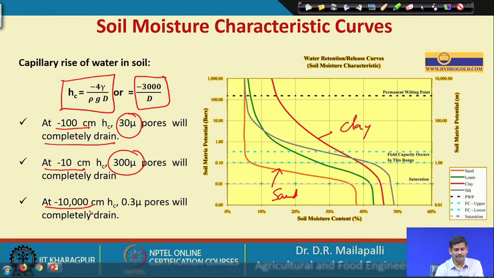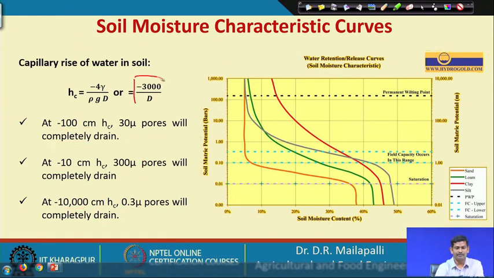At 10,000 centimeter, the 0.3 micron diameter pores will completely drain. This formula is very important in order to understand what suction is needed for soil particles, having a given diameter, to release that water.